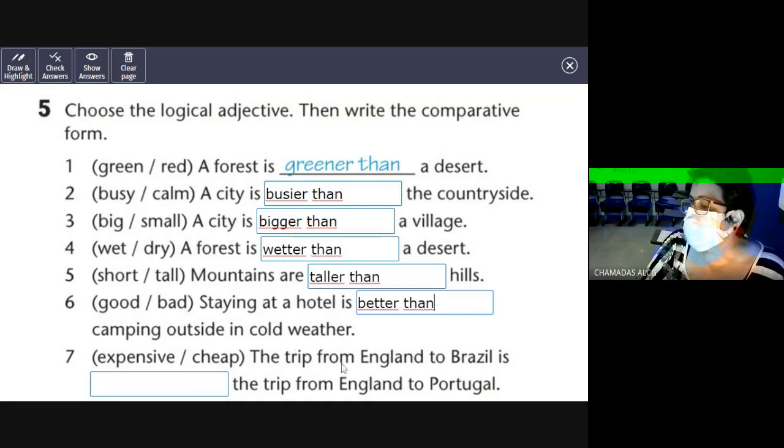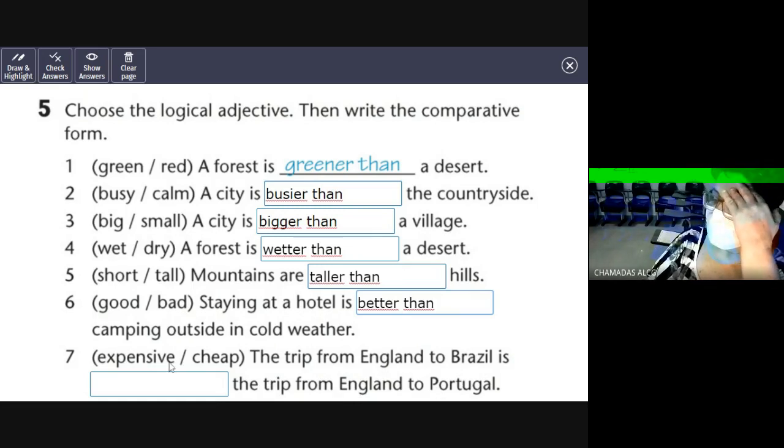Now, the trip from England to Brazil is... England to Brazil. It's really far. Now, England to Portugal, not so much. Yes, we have to use expensive.